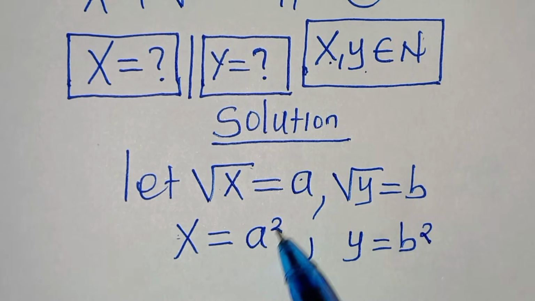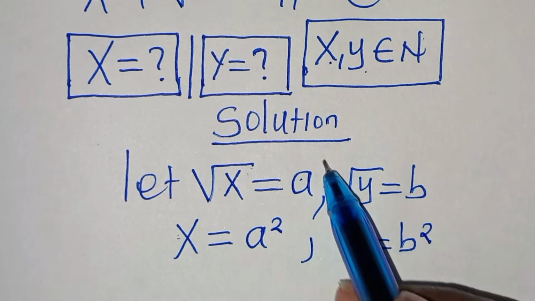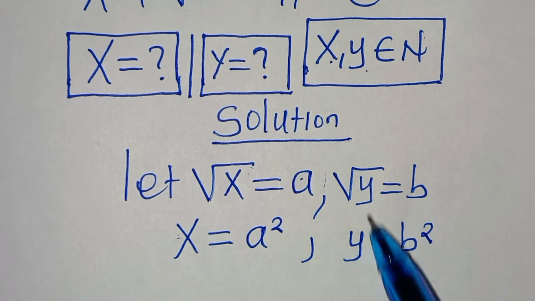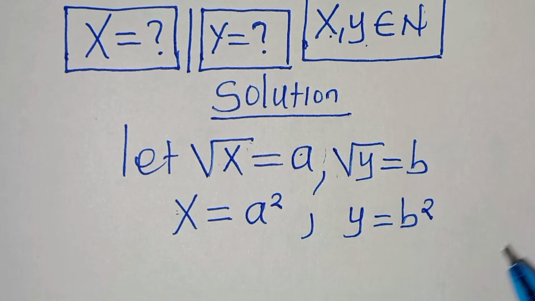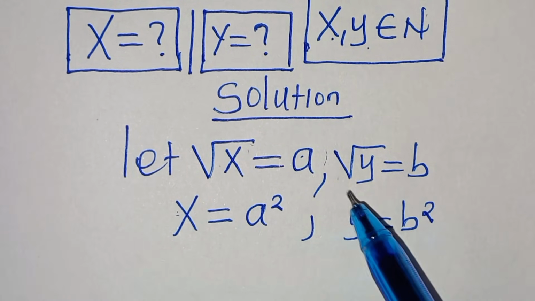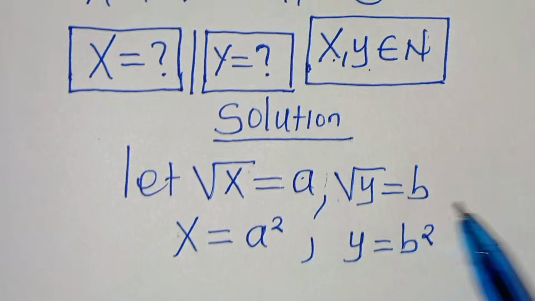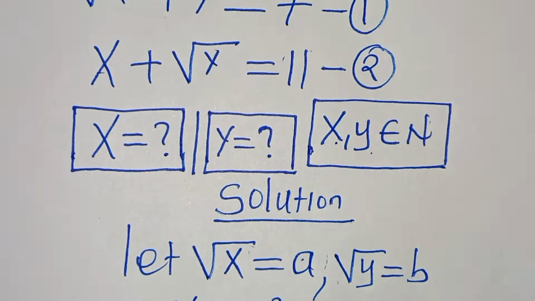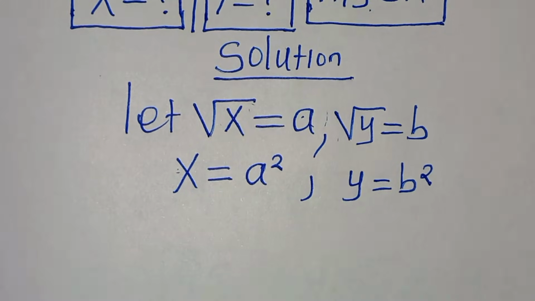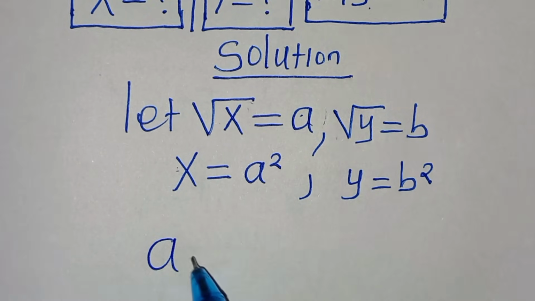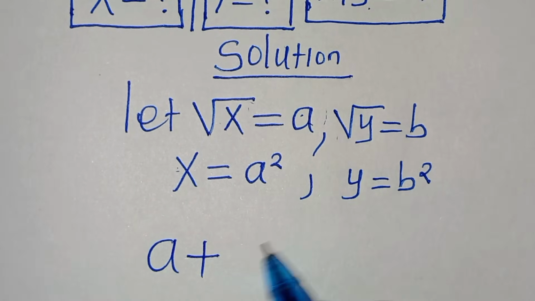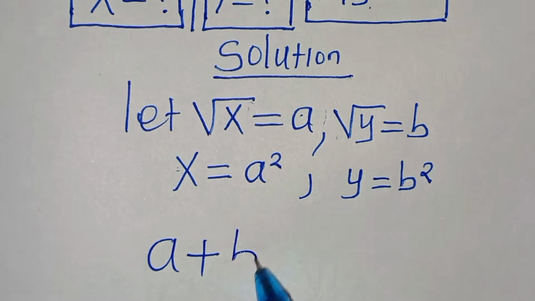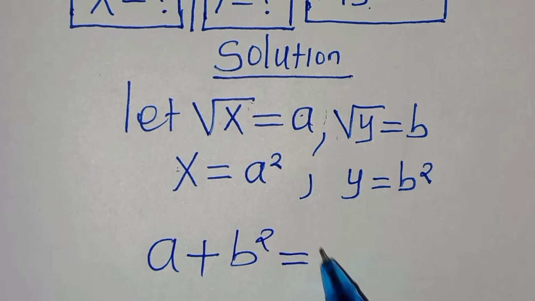So we get a to the power of 2, we square on both sides so that we have x, and also we square on both sides so that we have y. Now let's substitute x and y in terms of a and b in the equation, so that we have a squared plus, now this is y, which is b squared, this is equal to 7.